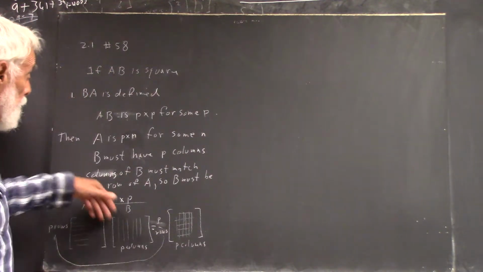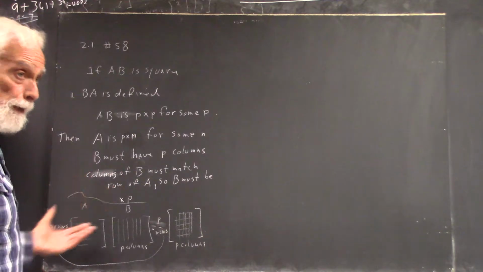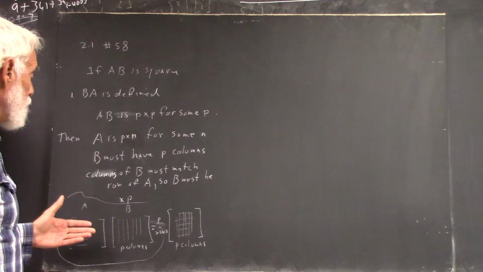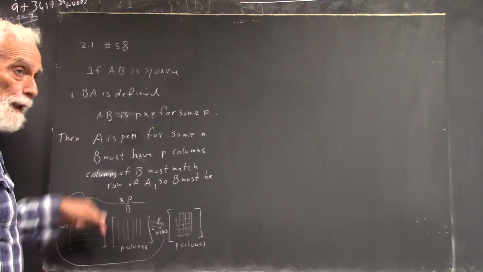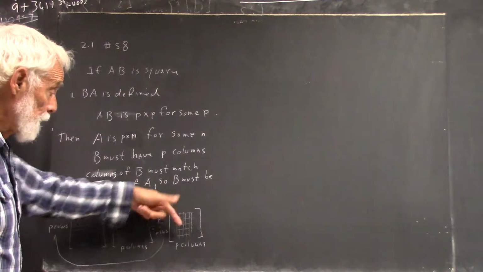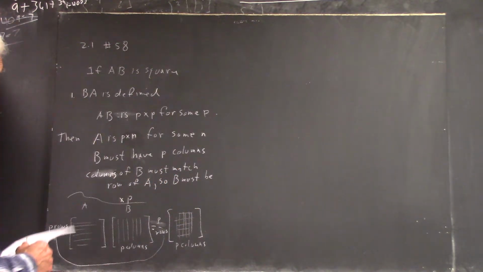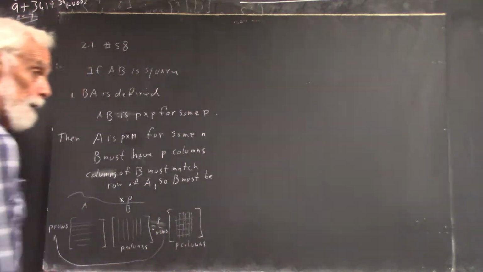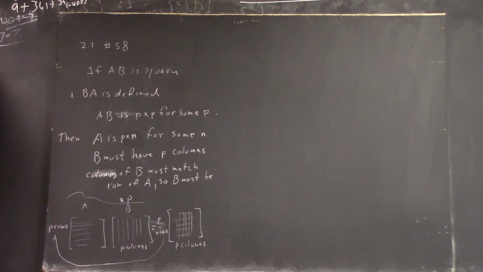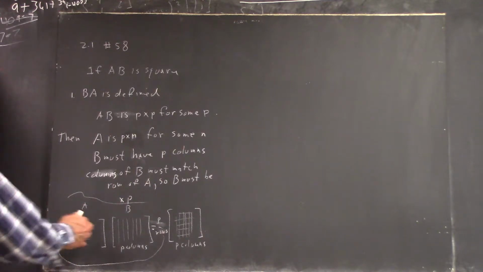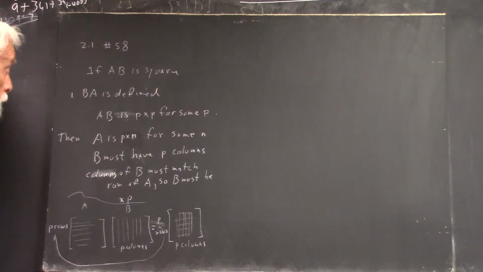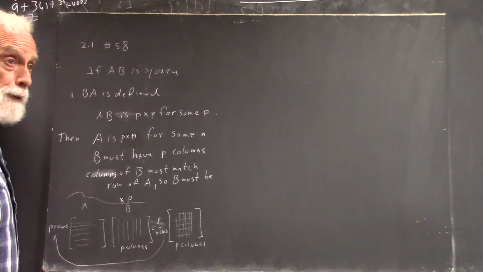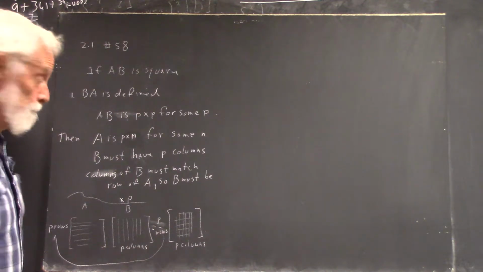The number of columns here has to equal the number of columns here because every entry goes in the row that came from an A and the column it came from in B, right? So you got P rows, you got P columns. The one thing you don't know is how long the rows are of A, which has to be how long the columns are of B. Okay?